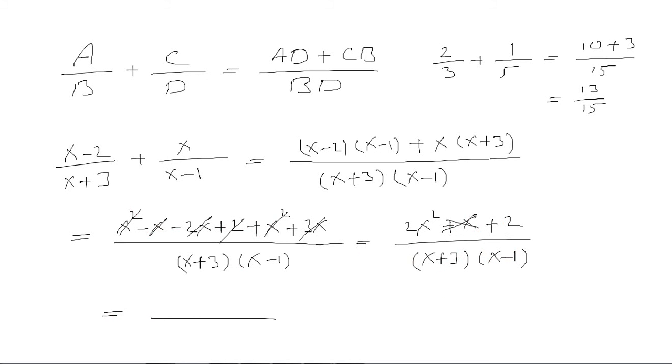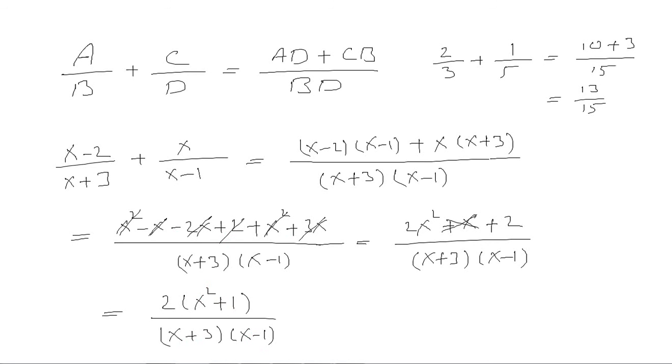Okay, now I can factor out a 2 from the numerator. That gives me 2 times x squared plus 1 over x plus 3 times x minus 1.